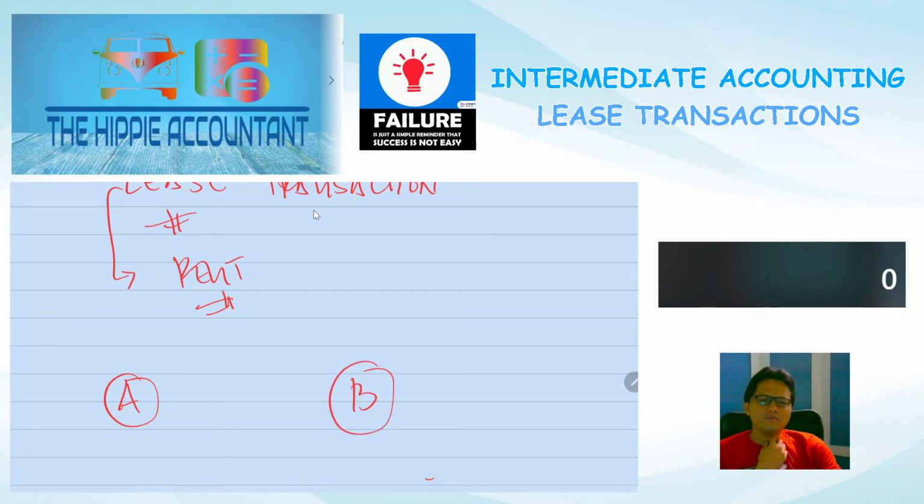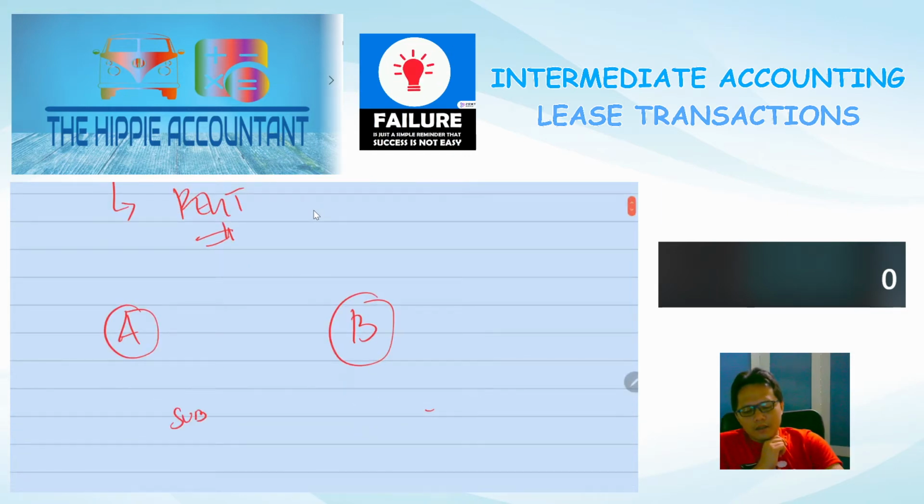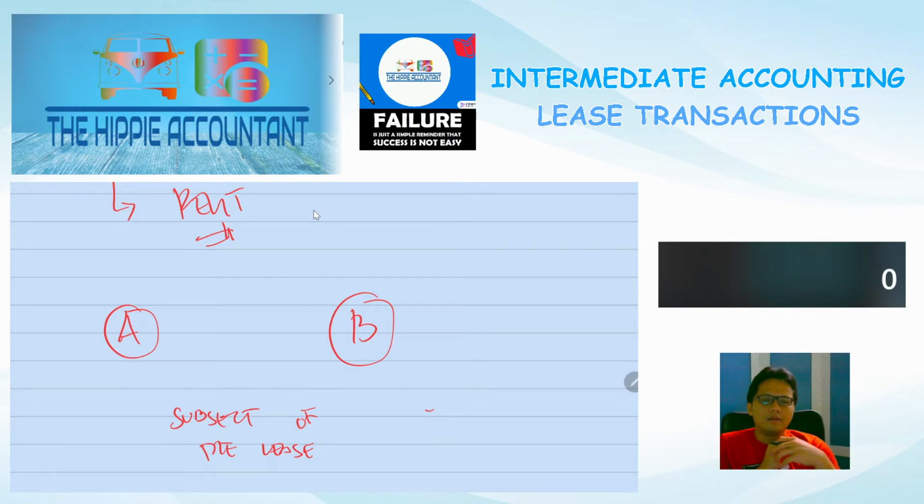Okay? One party acts as the owner of the subject of the lease or yung subject of the rent. Pag sinabi po natin na subject of the lease, ito yung pinaparentahan natin.